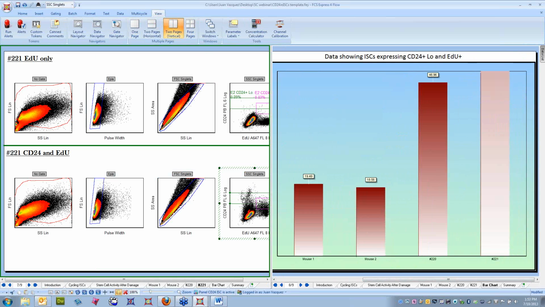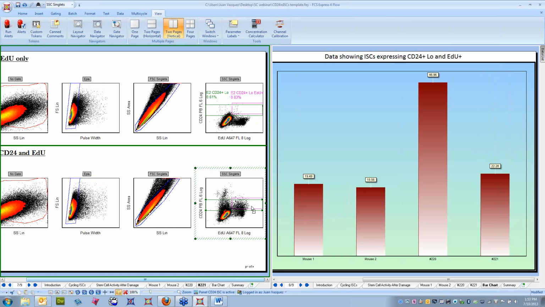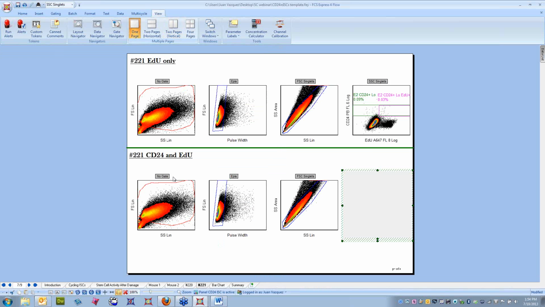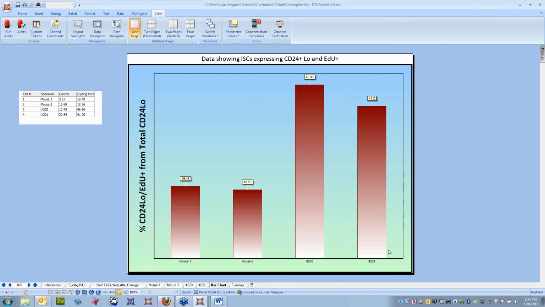Here Juan's showing you that this green gate is all of the CD24 low, and the pink gate is just the CD24 low EDU positive. So we're asking what percentage is the pink gate of the green gate. As the gates move, the bar chart moves, and that gives us a way to get these stats quickly.